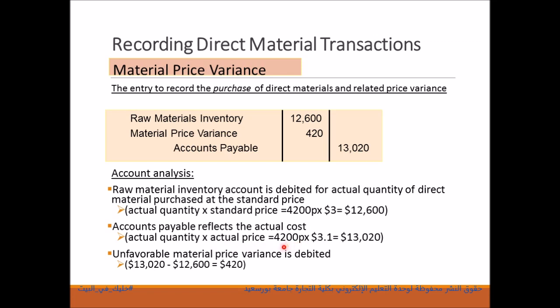So we multiply 4,200 pounds that are actually used to produce the 1000 product unit by 3.1 actual price per pound. The difference between actual cost and the standard cost is the variance. Actual cost is higher than the standard cost in this case. That's why the material price variance is unfavorable. $420 unfavorable material price variance, which is debited in this case.